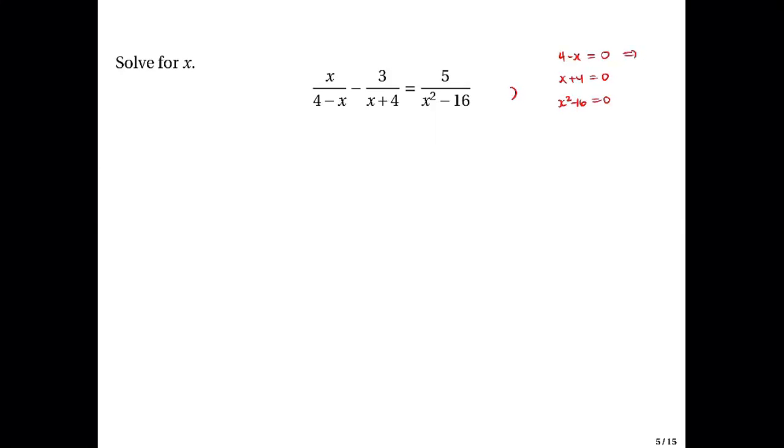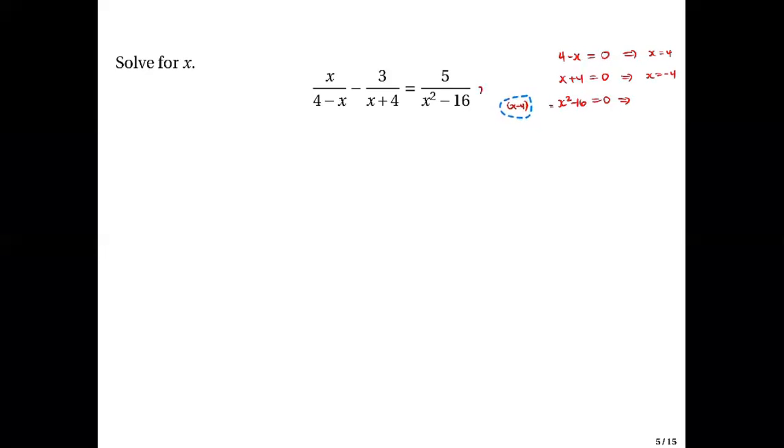Here, it means x equals 4. Here, it means x equals negative 4. Here, remember that x squared minus 16, you can factor that into x minus 4, x plus 4.